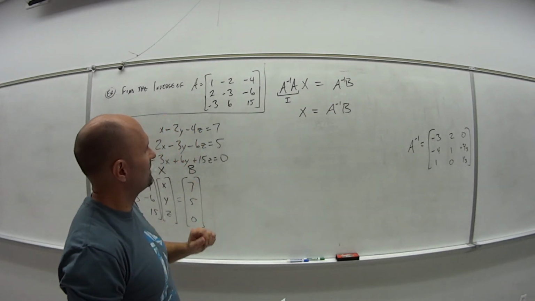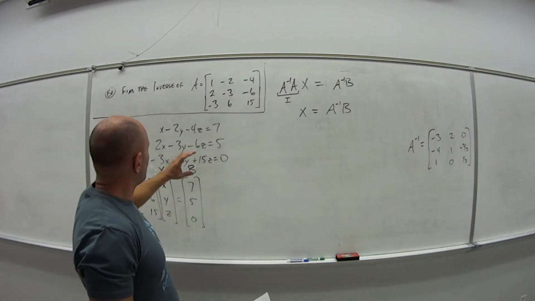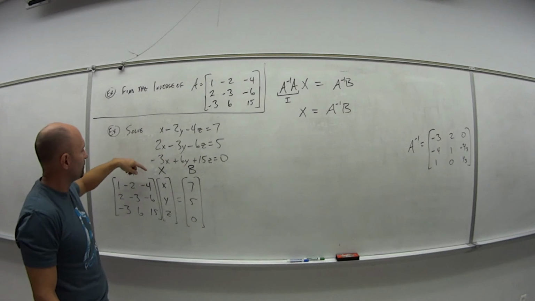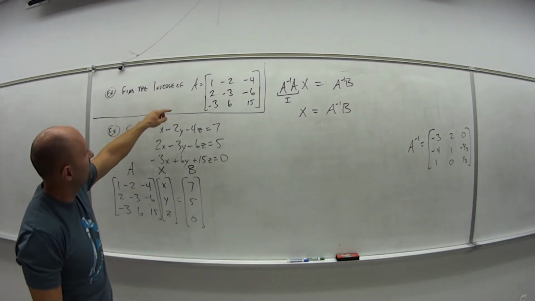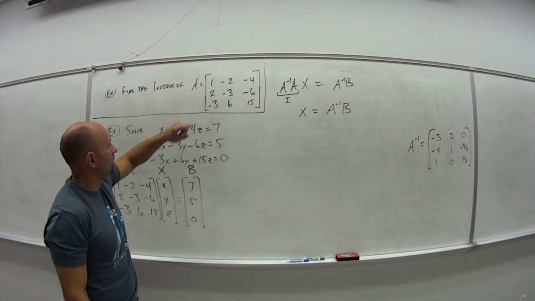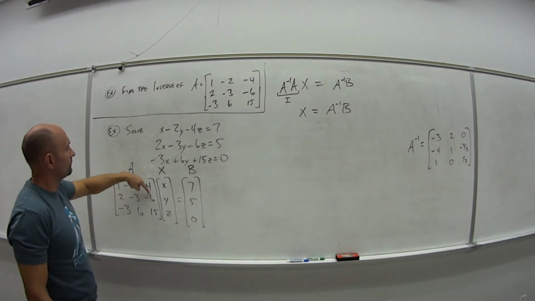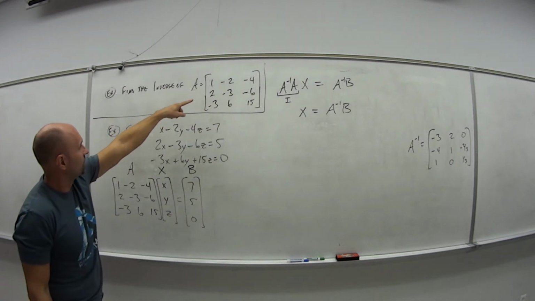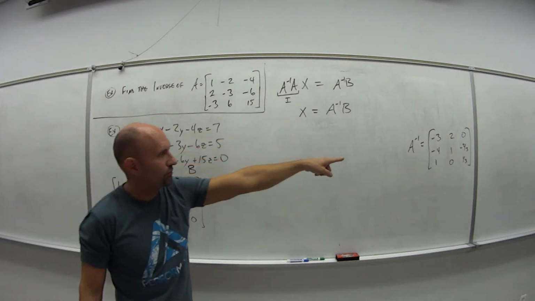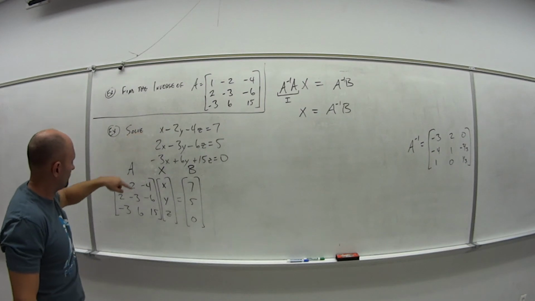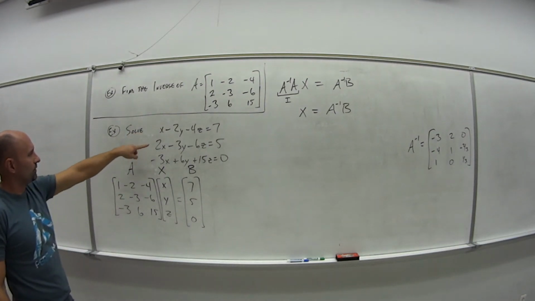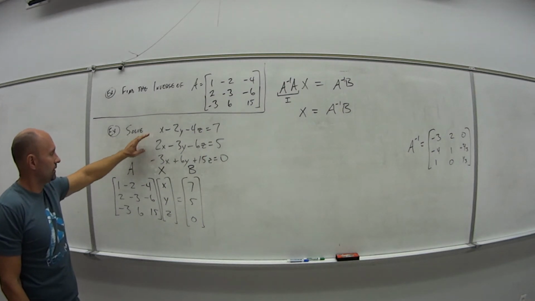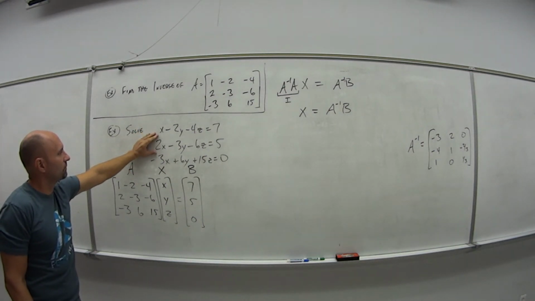If I have to solve this system and I'm told what the inverse matrix is, that's why I left this up. This A is 1, negative 2, negative 4, 2, negative 3, negative 6, negative 3, 6, 15. This is the matrix in the last video that we found the inverse for, the same as the matrix of the coefficients of this system.